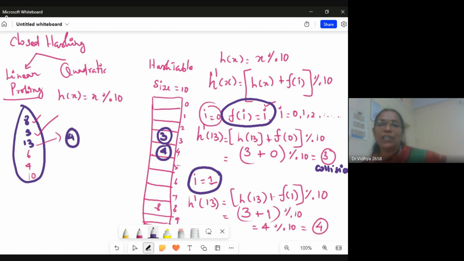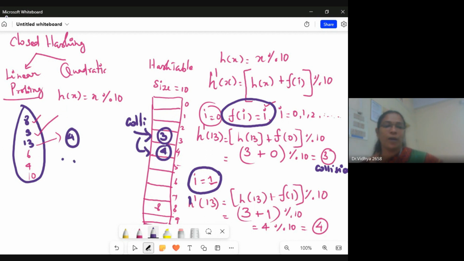So that is the next position after the previous element. Initially we check at the position where we face the collision, so we move to the next position. We identify the next position not just like that, but by applying the iteration of the hash function again and again. Suppose this position also has some element. For example, here I am including one more element, please make note of it.